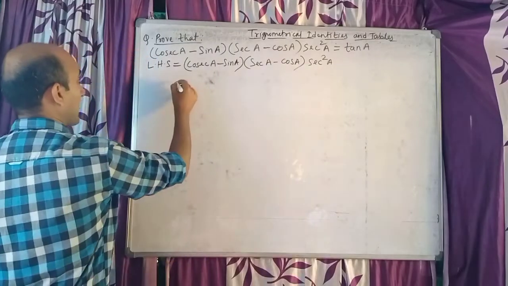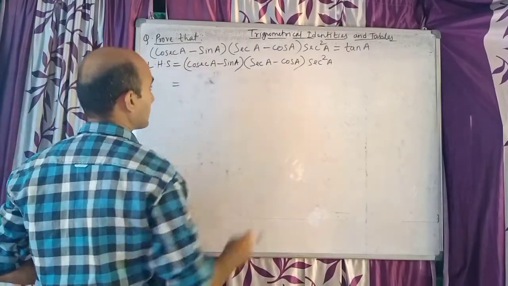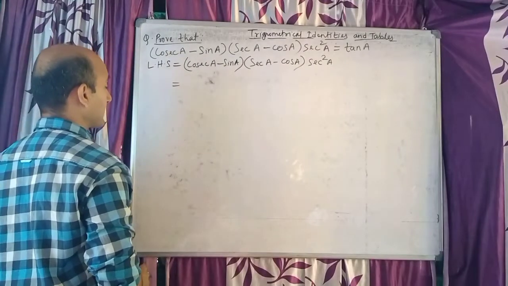So I have written all the trigonometrical identities given in the left hand side.